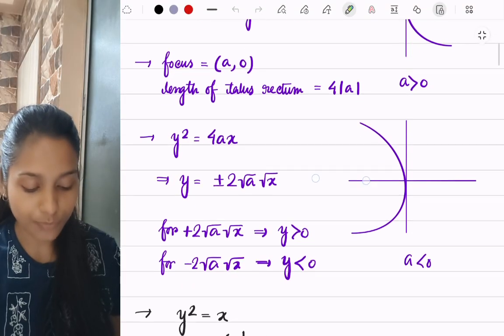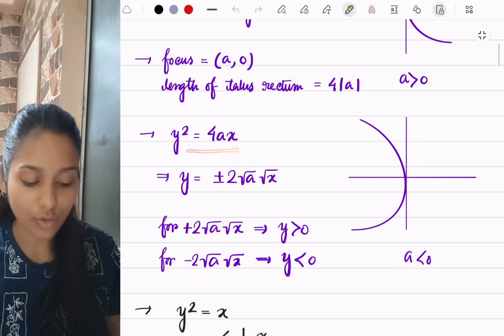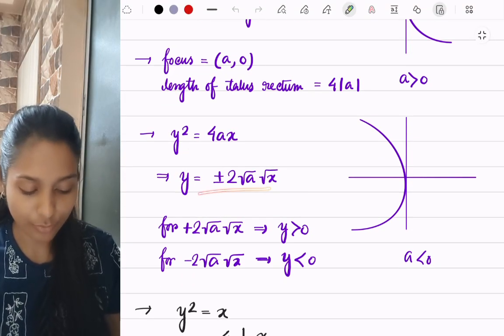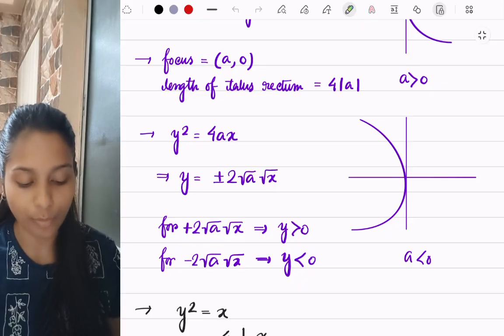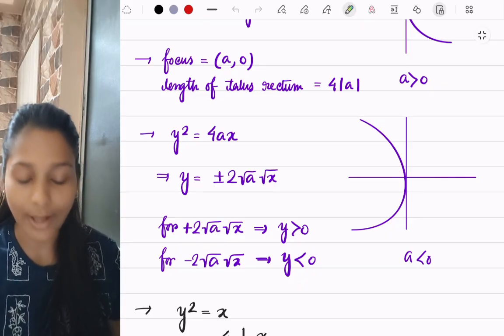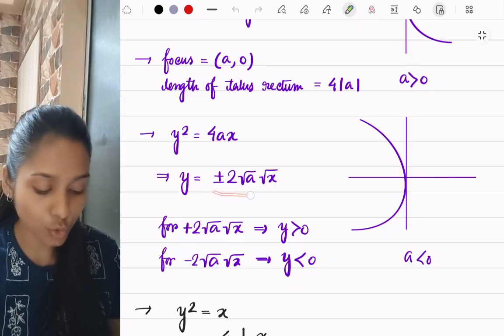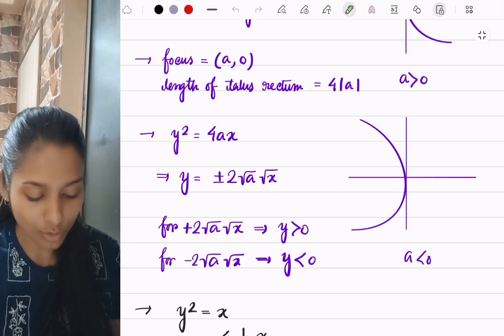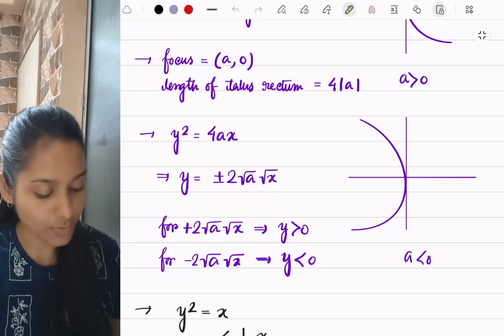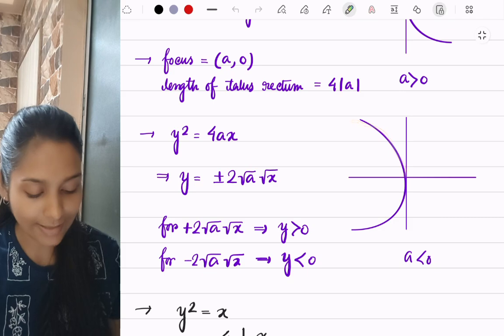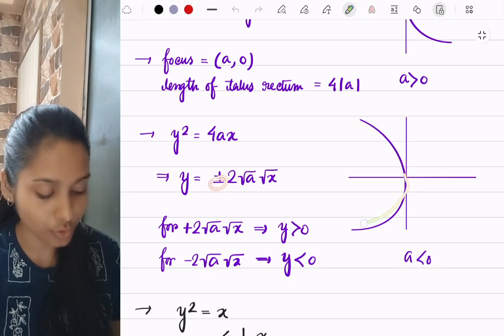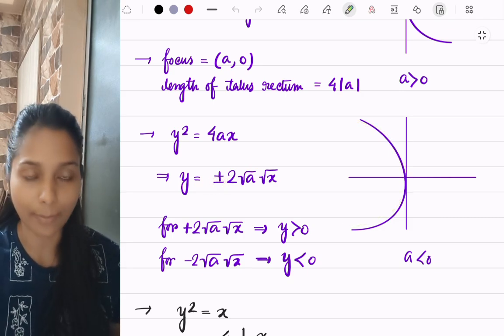From this parabola we get this. If we take the root on both sides, we get y equals plus minus 2 root a root x. Now this plus corresponds to the upper side and this minus corresponds to the lower side of the parabola.